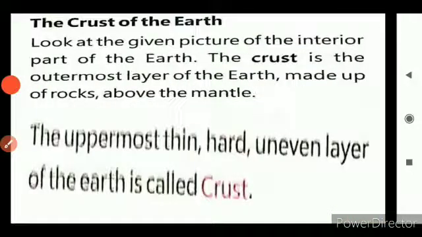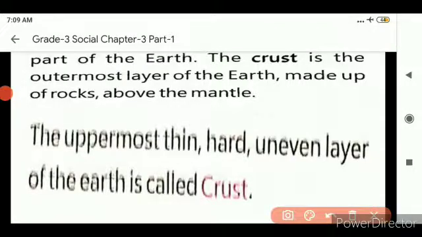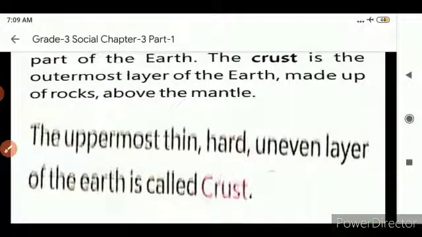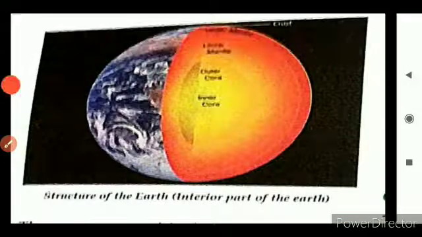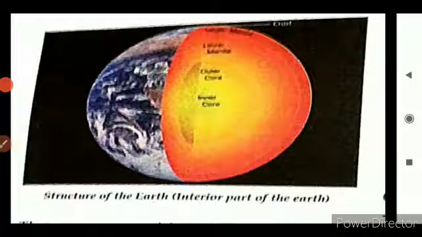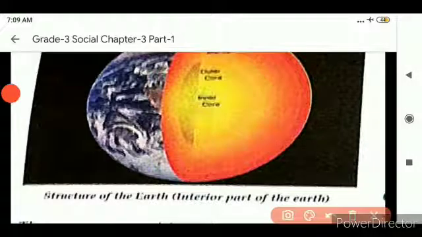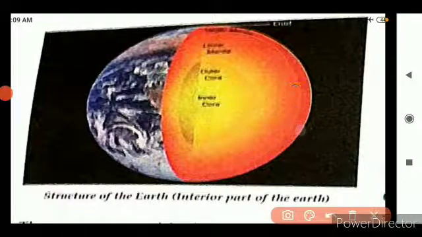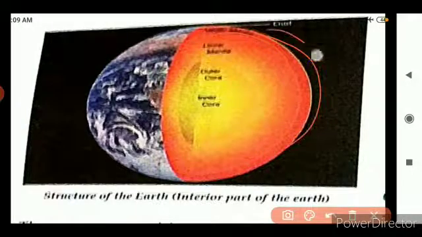Yes. What is this, children? What is the topic given here? The crust of the earth. Look at the picture. This is the structure of our earth. Okay children, what is this? That is the upper mantle. This portion is the upper mantle.